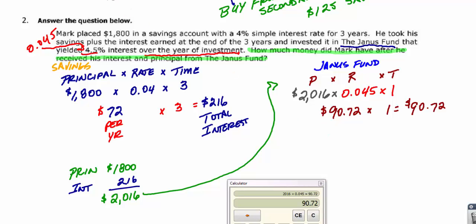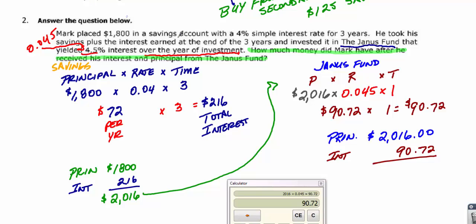So now we're ready to finish this out. So how much money does Mark have altogether? Well, he has the principal that he brought over. Remember, he brought over $2,016. Put some pennies there because we're going to have pennies in our interest. He earned, when he was at the Janus Fund, he earned $90.72.